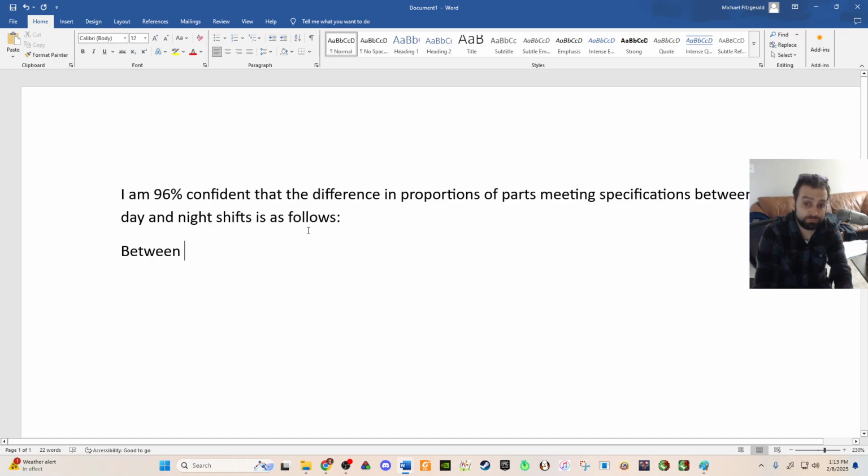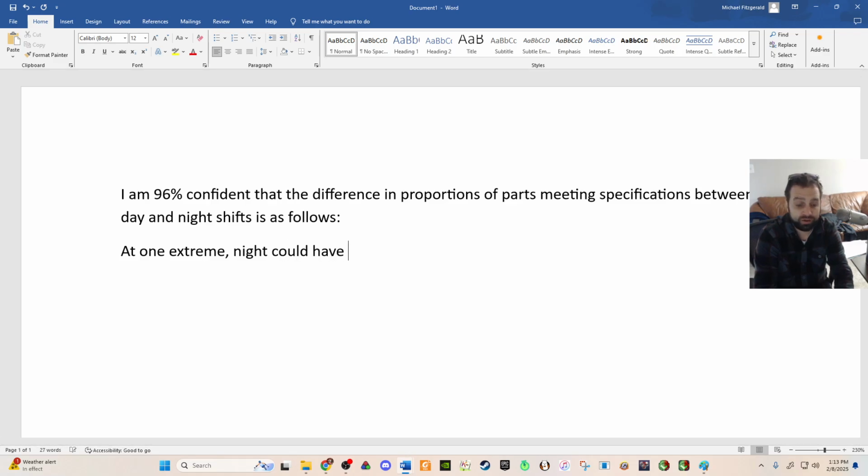So at one extreme, night could have 1.56% more parts meeting spec.